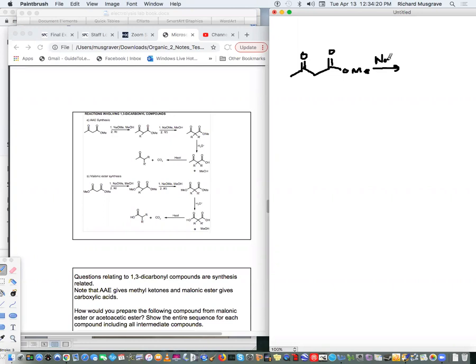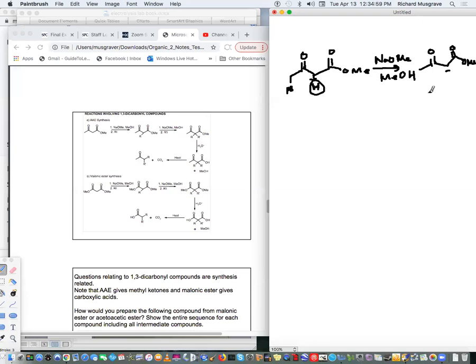So I'm just doing the first step here, and you can see that that's going to give us the negative charge in the middle here. And you'll notice that it's this hydrogen that gets removed, and not this one. You might think, well, that one's fairly acidic, but it isn't. The pKa of the one in the middle is much lower, so it's much more acidic. So it's this hydrogen here that gets removed.